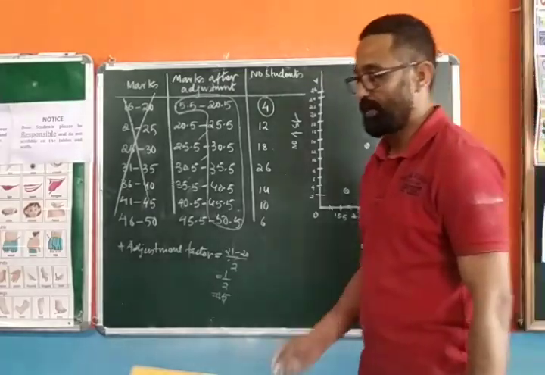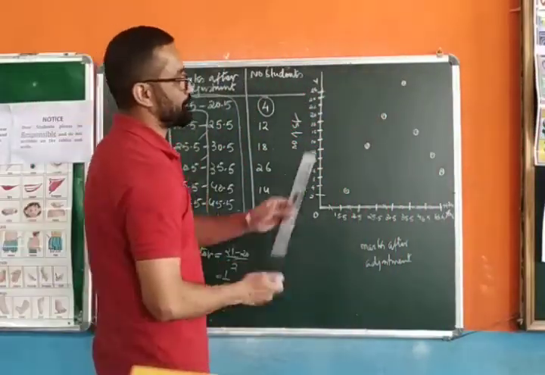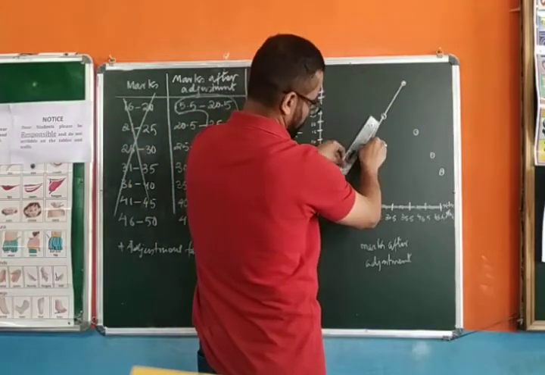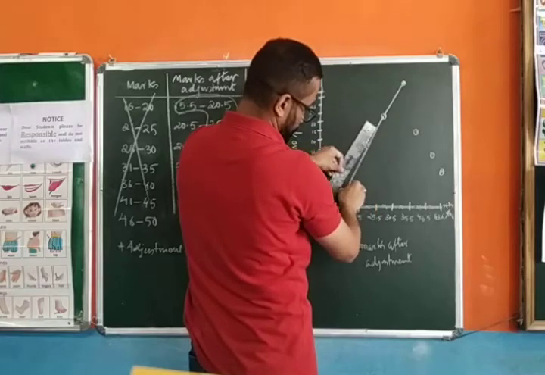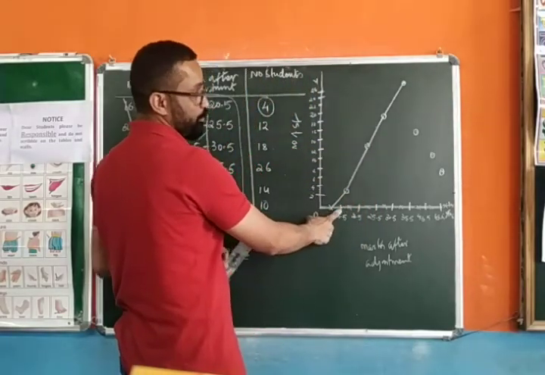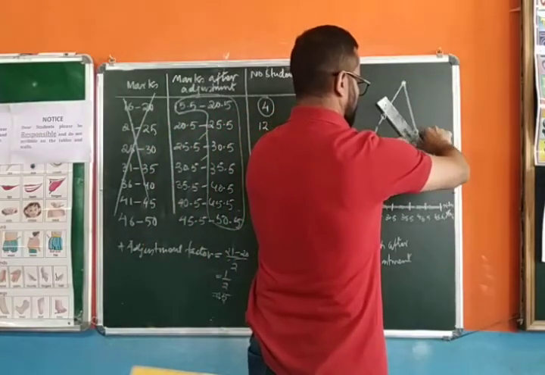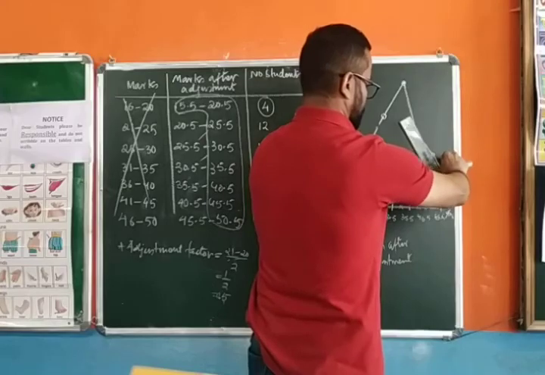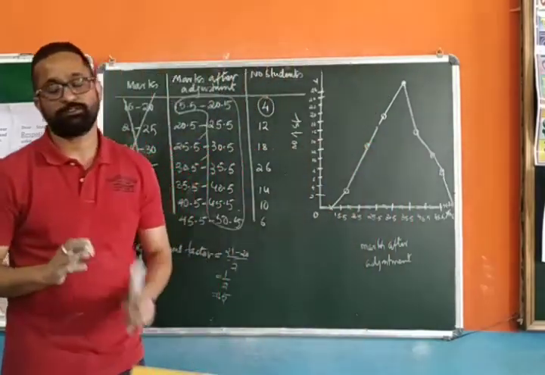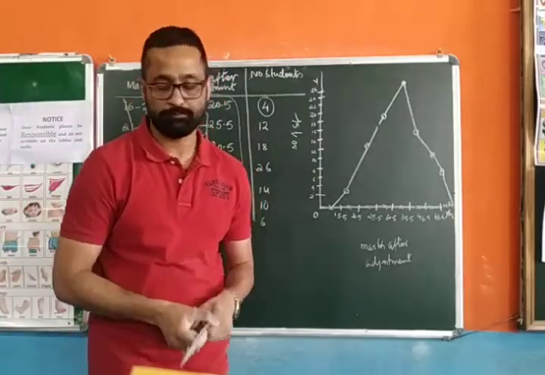These values have to be joined now. Take a ruler, and also mark a point with frequency zero on the left side of 15.5. This representation of the given numerical data is a frequency polygon.